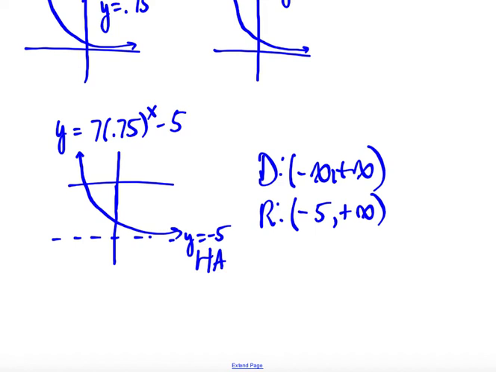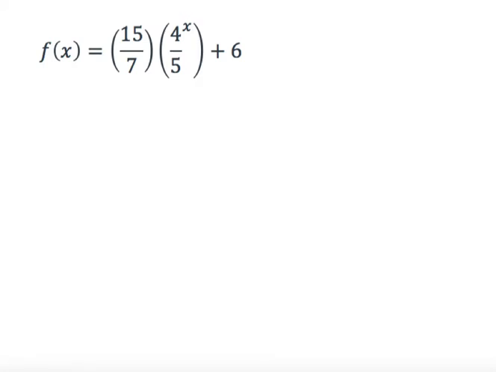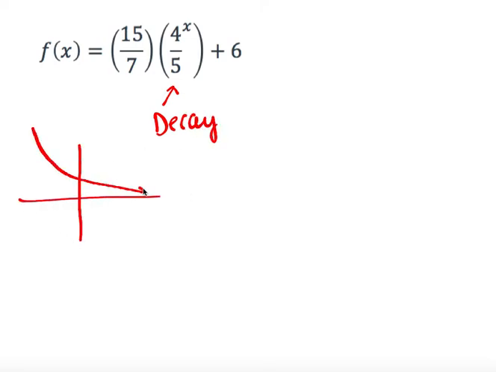Okay, let's do another one. All right, this one here looks pretty complicated, but just take it one step at a time. The number getting raised to the exponent is 4/5, which is smaller than 1. So this is a decay function. The first thing we know that a decay looks like is something like that, with an asymptote of y equals 0.